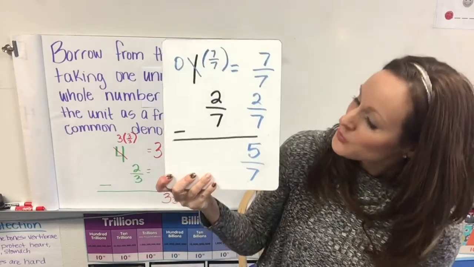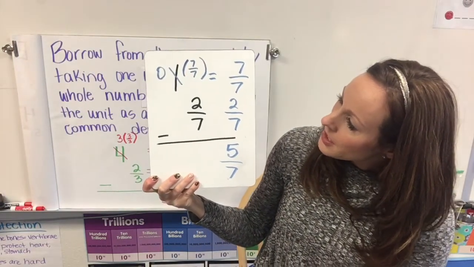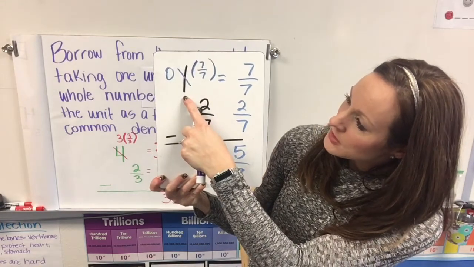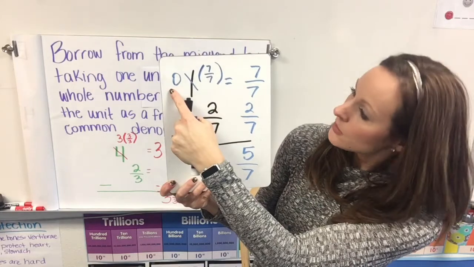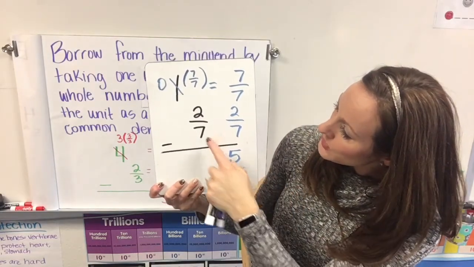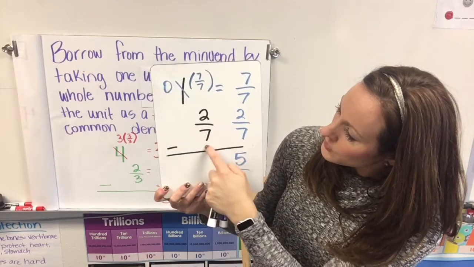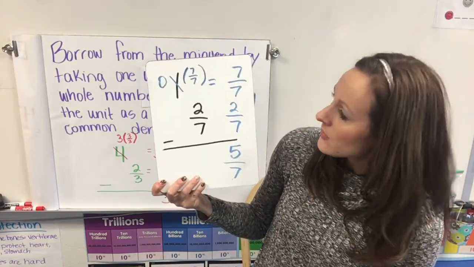Here's another practice problem that I did. I had 1 minus 2/7. I had to borrow from my 1, and I turned my 1 into a 0 because 1 less than 1 is 0. I turned that 1 that I borrowed into a fraction with an equivalent denominator, and I'm working with sevenths here, so my 1 had to equal 7/7.